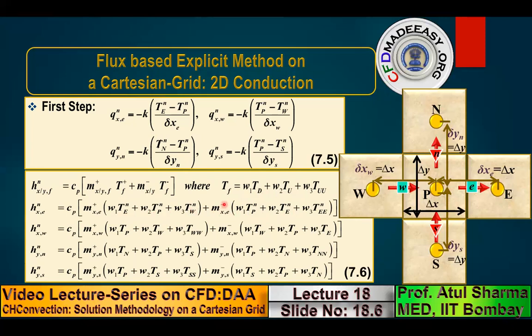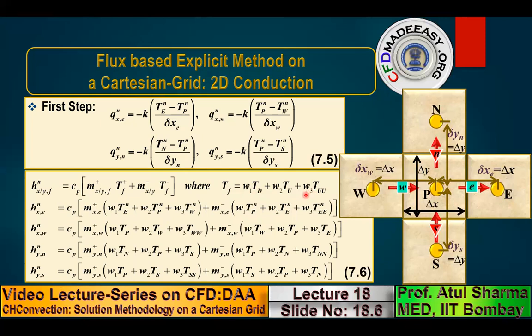If the mass flux is negative, then the downstream neighbor is TP, this is the upstream, and this is the upstream of upstream. Also note that W1, W2, W3 are the weights corresponding to an advection scheme. W1 is the weight for the downstream neighbor, W2 is the weight for the upstream neighbor, W3 is the weight for the upstream of upstream neighbor.